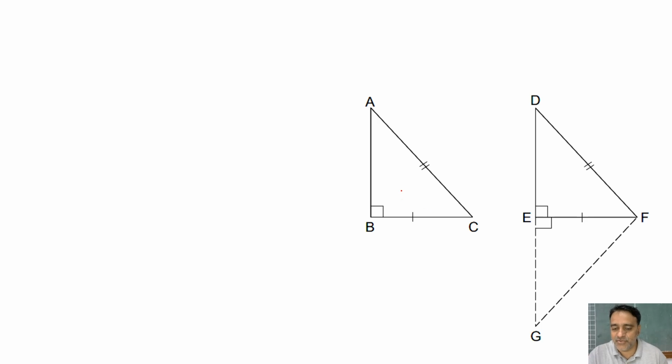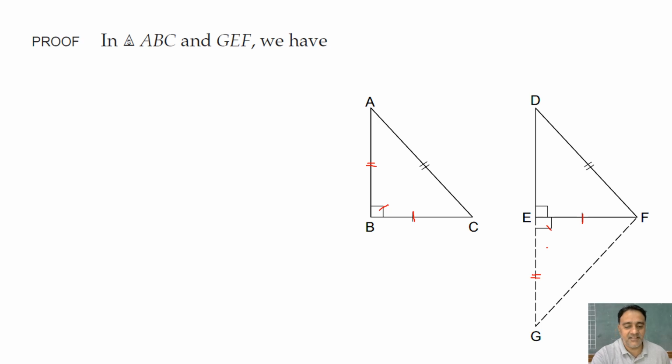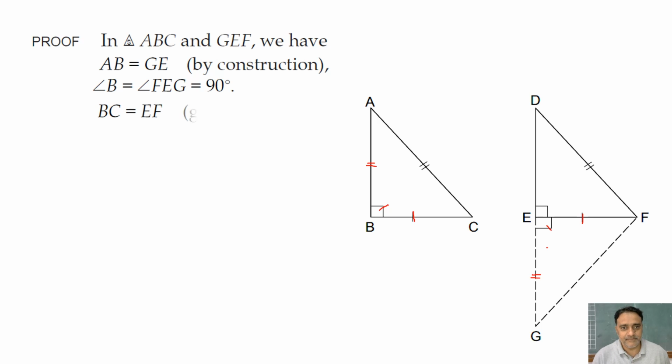So we'll take these two triangles, ABC and GEF. Let us start: AB is equal to GE by construction, and BC is equal to EF, it is given, and these two angles are equal, each 90 degrees. So therefore these two triangles are congruent by which criteria? SAS, right?